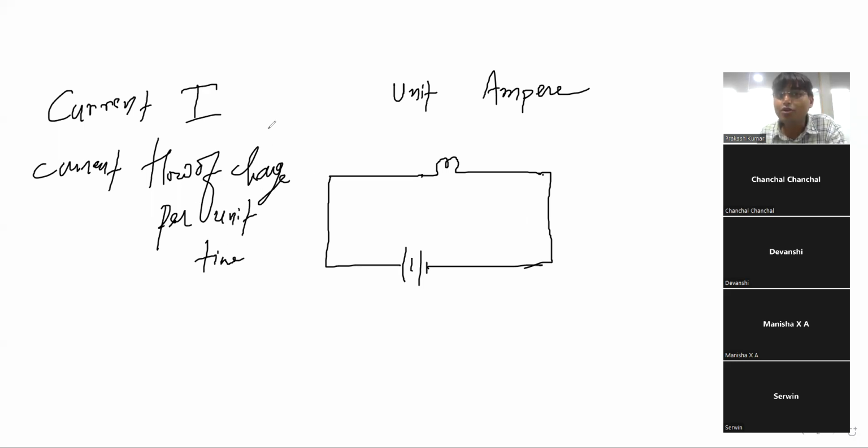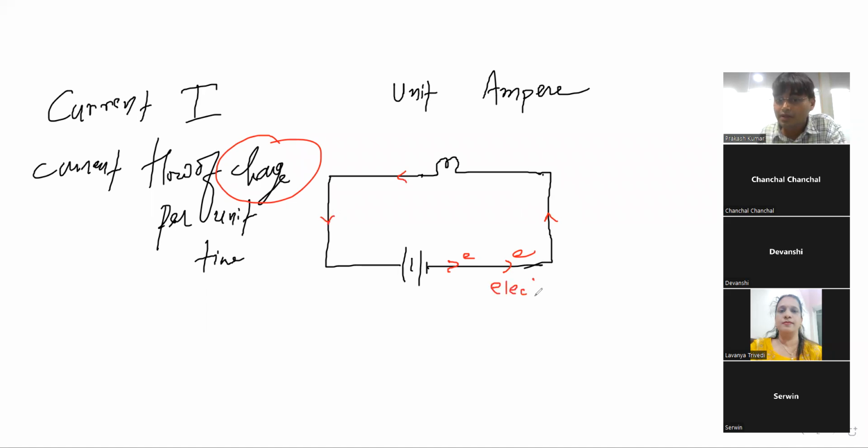But which charge exactly flows? Electrons, exactly. And electrons flow from where to where? Negative to positive. This current is called electronic current.